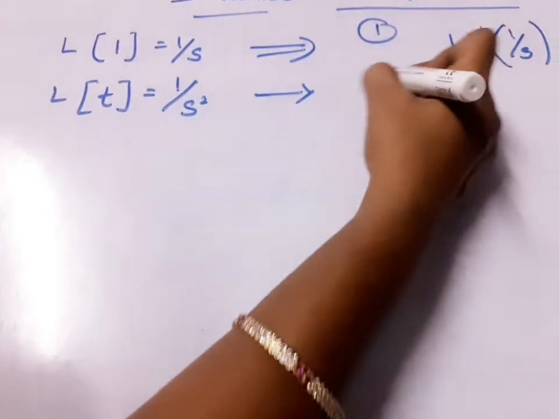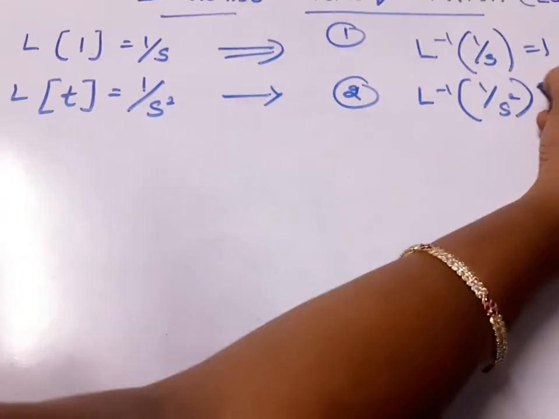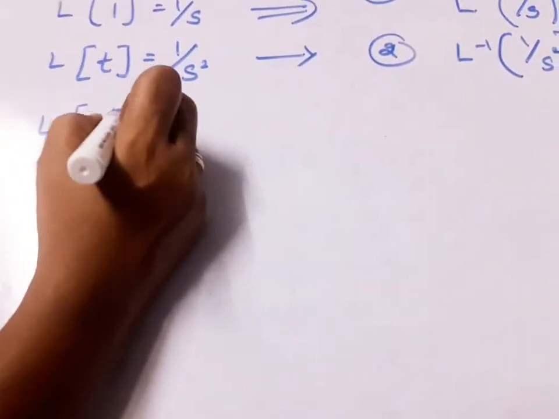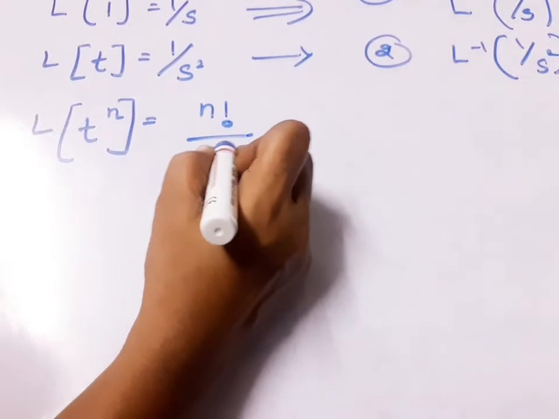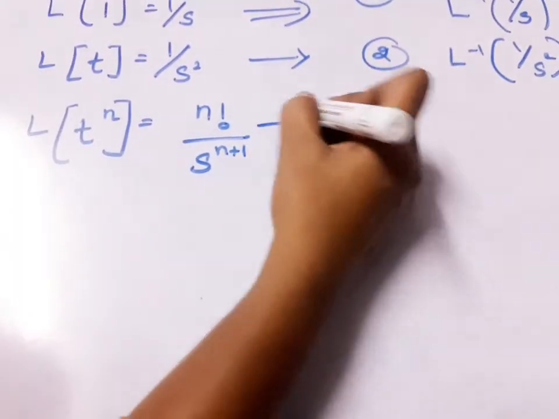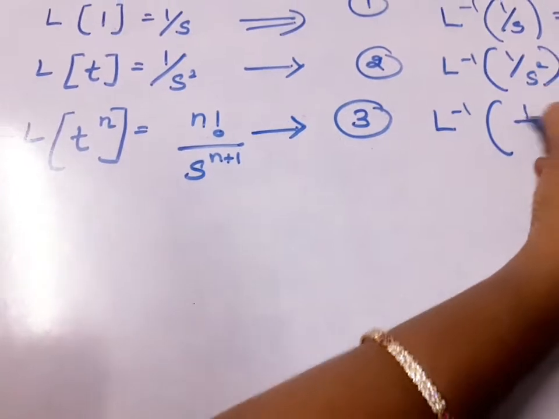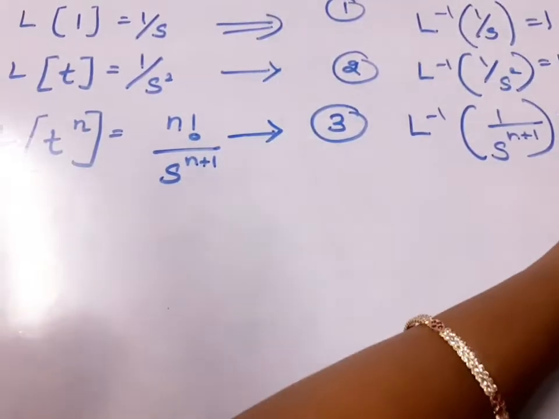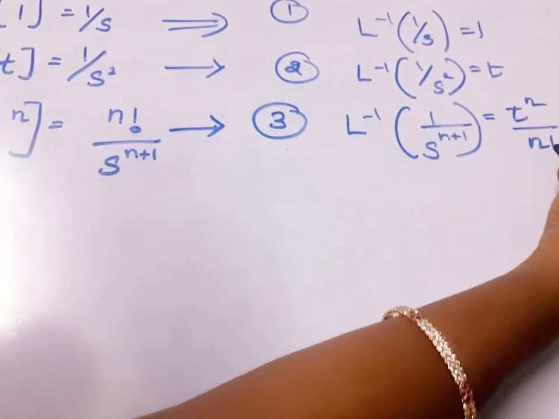This gives L inverse of 1 by s square is t. Similarly, you know Laplace transformation of t power n is n factorial by s power n plus 1, which gives rise to L inverse of 1 by s power n plus 1. Here we don't have n factorial, so this is t power n by n factorial.